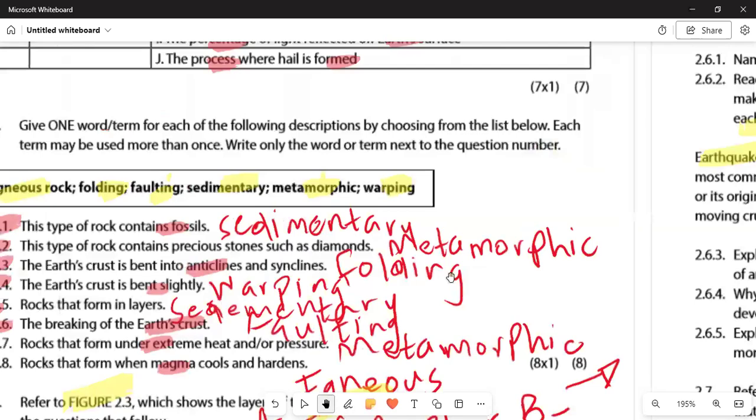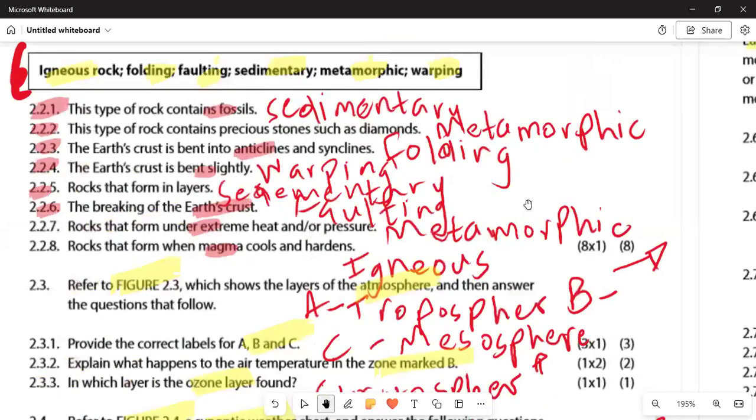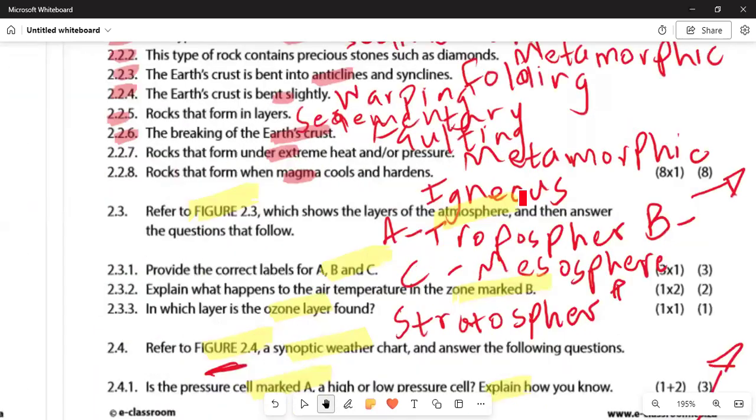And then it says now here, provide the correct labels for A, B, and C. We will go to the structure and see it. I'm saying A and B, it is the troposphere, and C is the mesosphere. We will go and see it there.